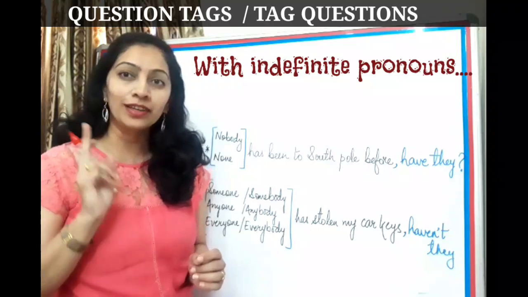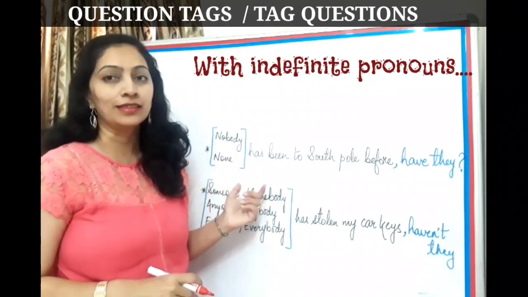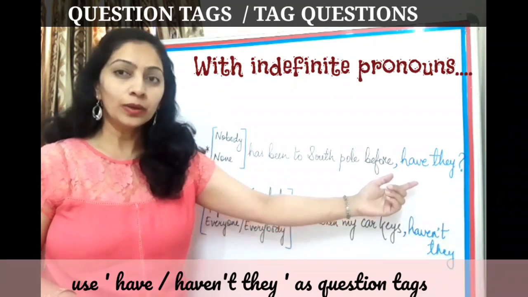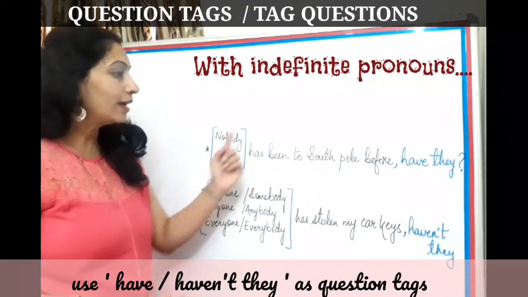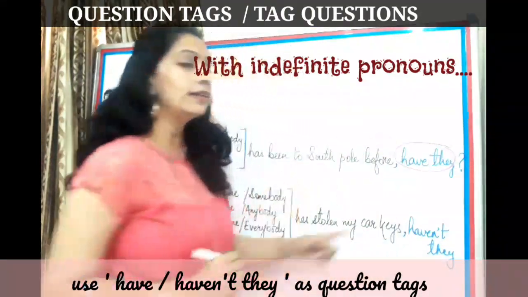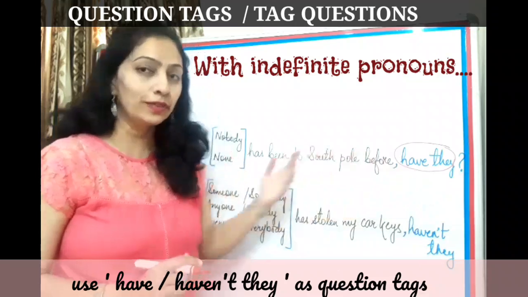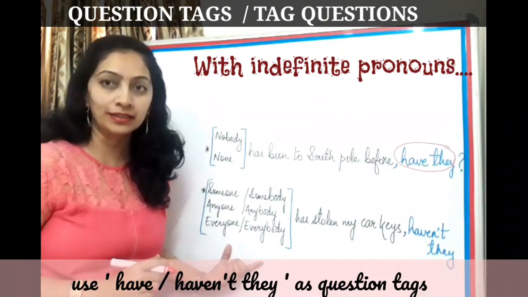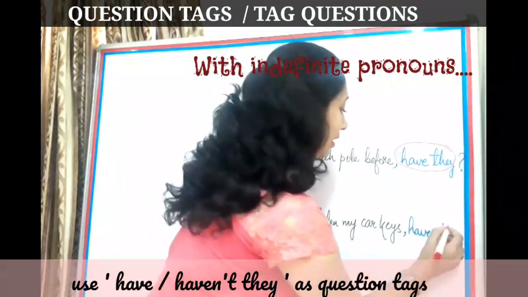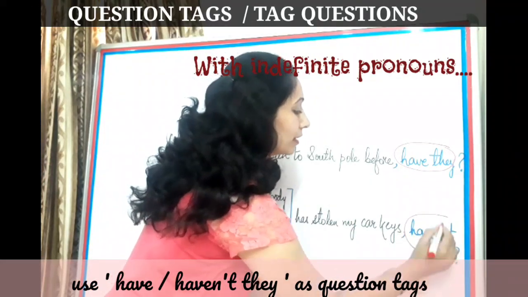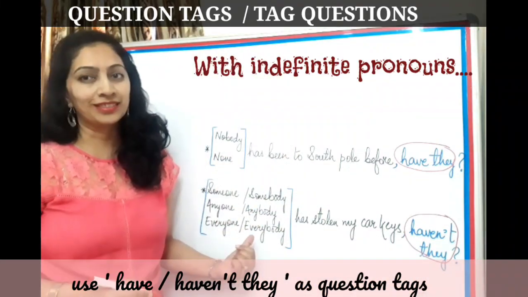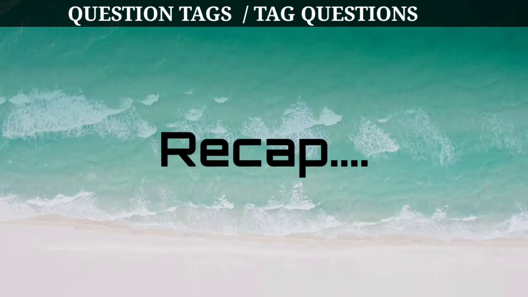So when you have indefinite pronouns in the sentence, the tag will be absolutely different. Look at the tag here. The tag will always have the words have and they. Or if it's a positive indefinite pronoun like these, then it will always have haven't they. Look here. These are the tags which are used with indefinite pronouns.